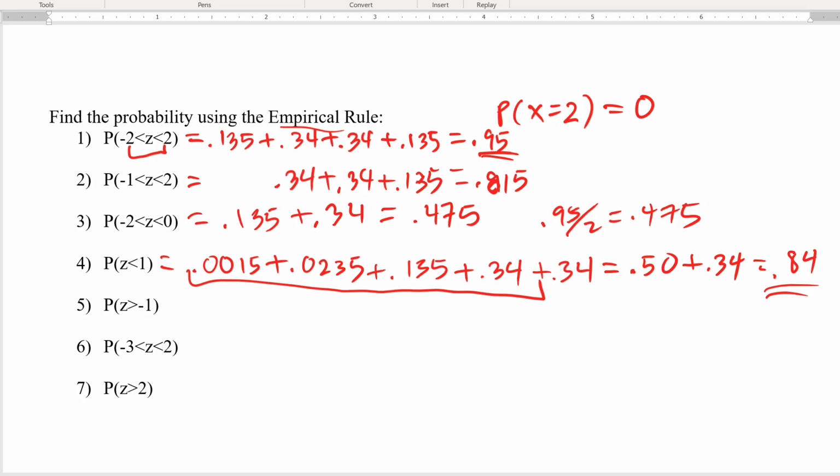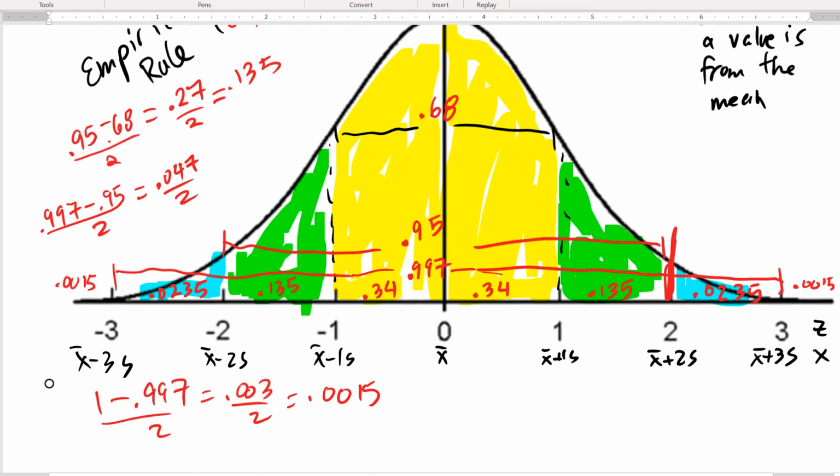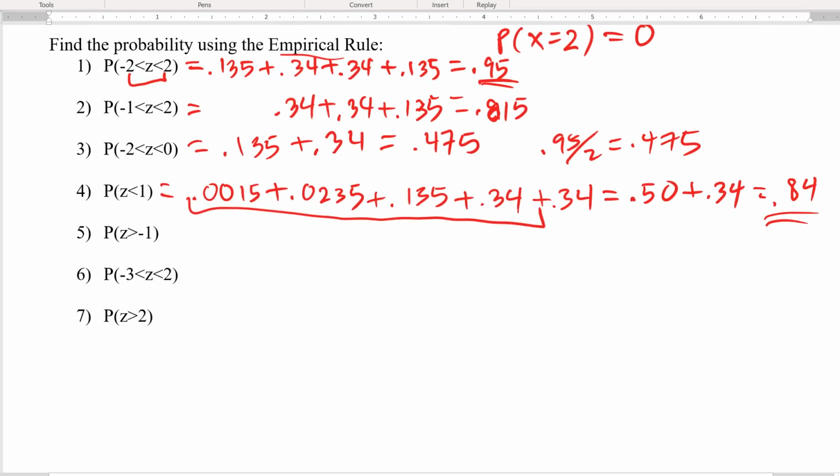How would I do greater than -1? Let's go back to the picture. Greater than -1 means I'm going -1 and to the right. I can add up all 5 of those numbers. Or I can say what? All of these add up to 50% plus the other 0.34. So I go 0.50 plus 0.34, 0.84.